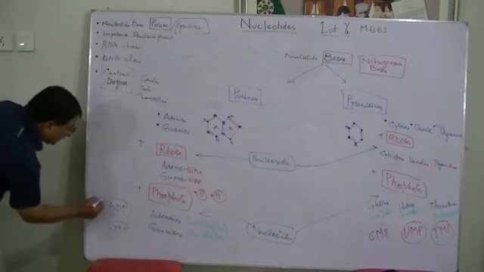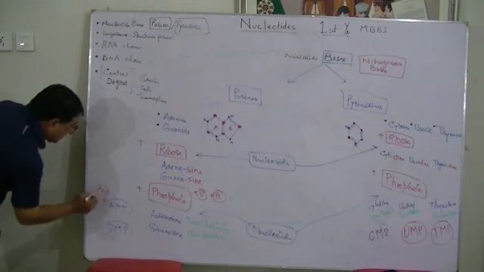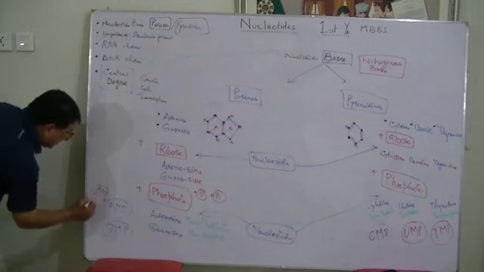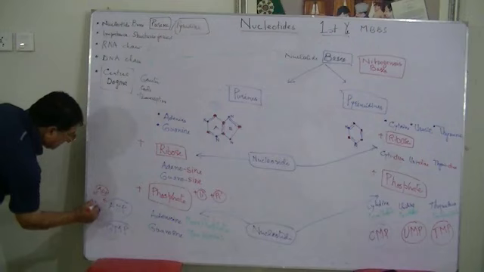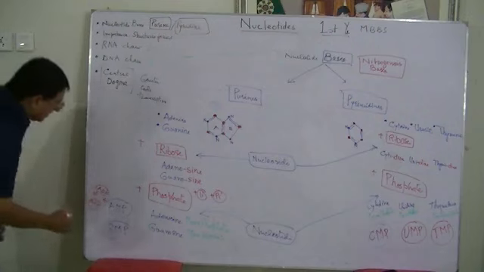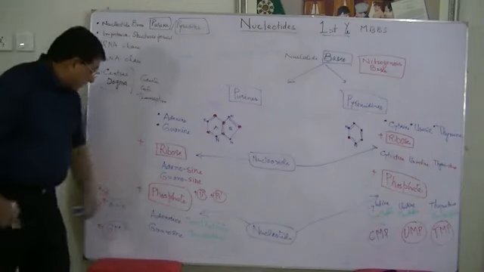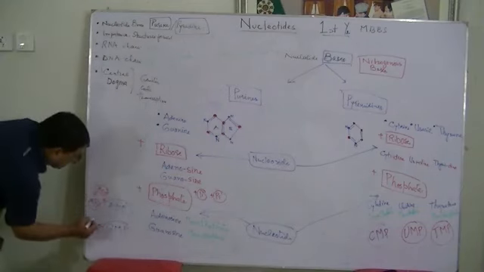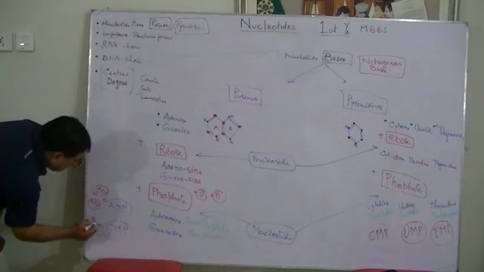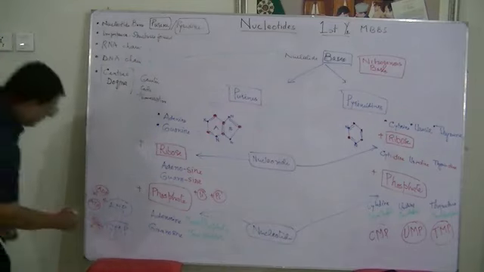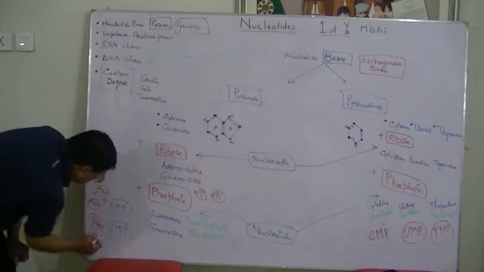So AMP can convert into ADP, ADP can convert into ATP. Similarly, GMP will convert after addition of one phosphate more, it will become GDP. And similarly, when another phosphate group is attached, it will become GTP.